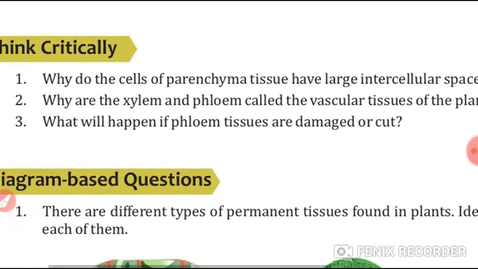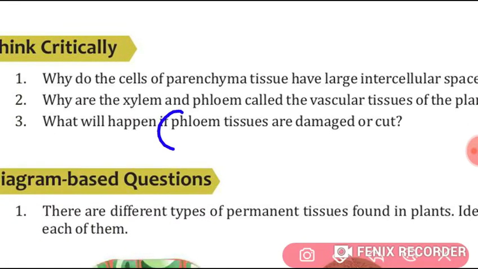If phloem tissues are damaged or cut off, then the prepared food will not transfer to all parts of the plant.